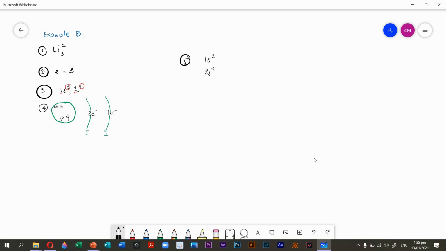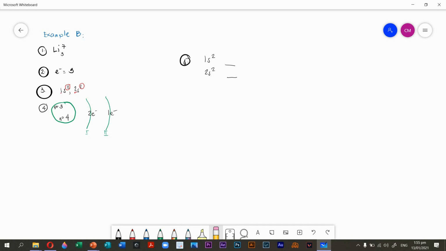Okay, so you have your S. How many blanks do you need to draw? You only need to draw 2 blanks. Okay, that's 1 blank. That's 1 orbital. And then how many blanks are you going to draw for another S? Of course, another 1 next to it. Okay, I'm sorry. Mali pala itong ano natin. It's 1s2, 2s1.